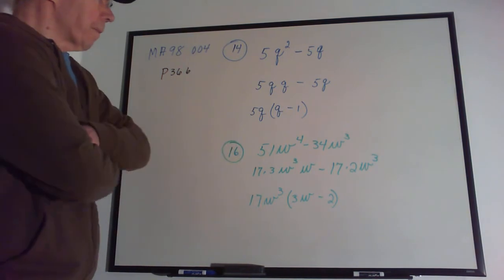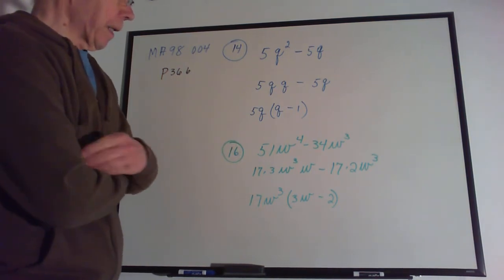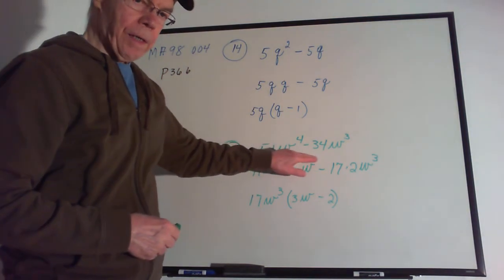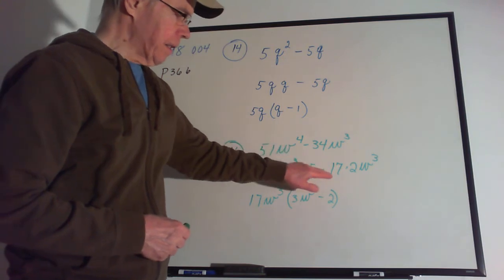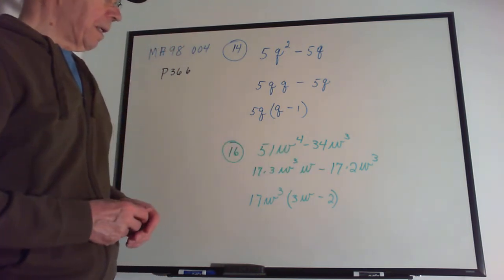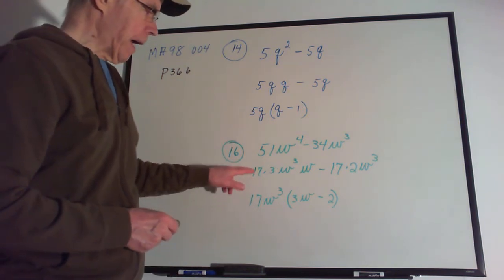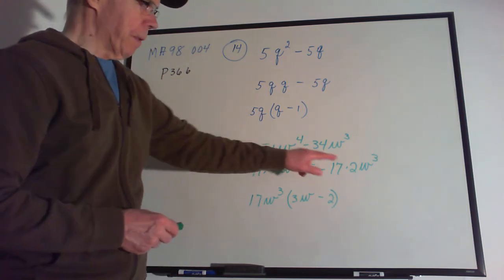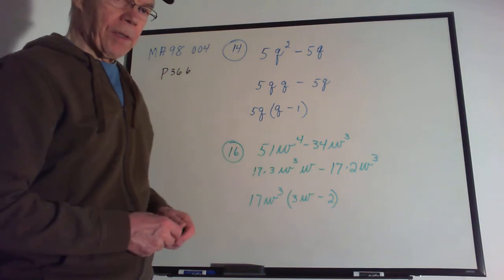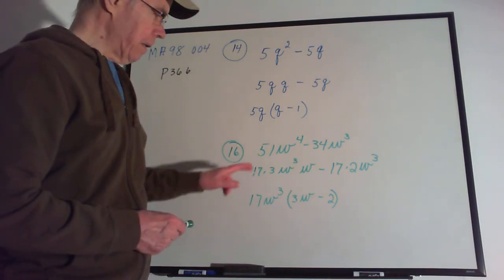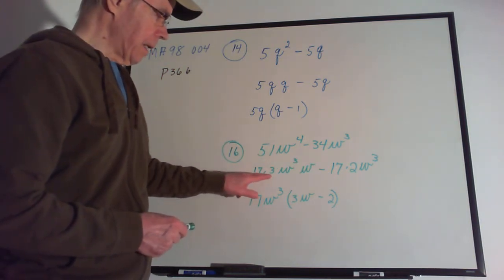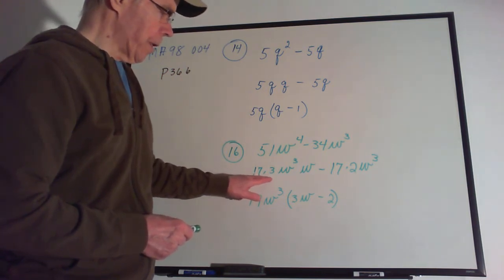All right. What I would do with a problem like this, I would look for the factors here. The only factors here are 17 and 2, which means that if there's a common numerical factor here, I have to be able to divide 51 by 2 or 51 by 17. I can divide 51 by 17, I get 17 times 3.